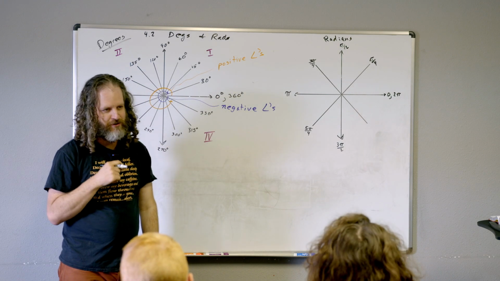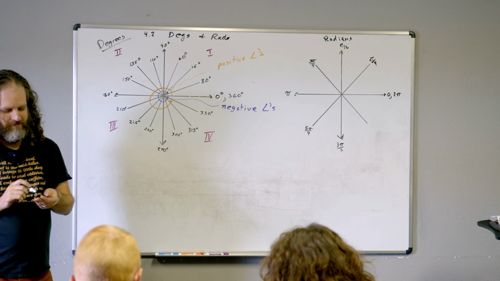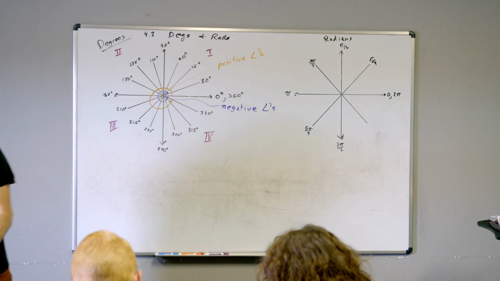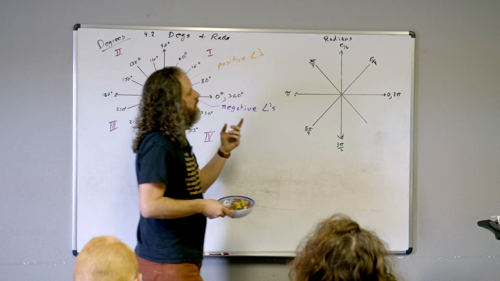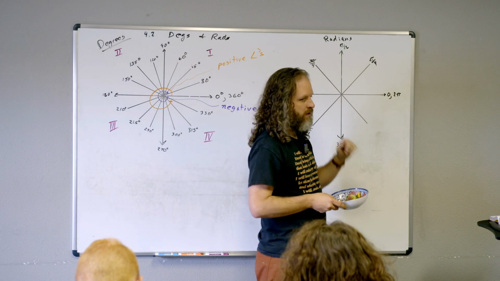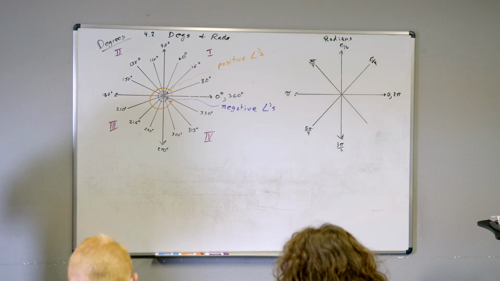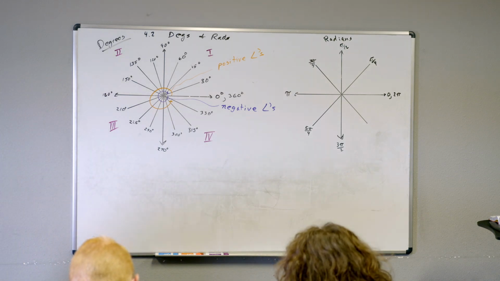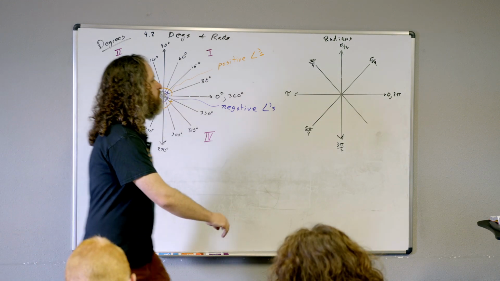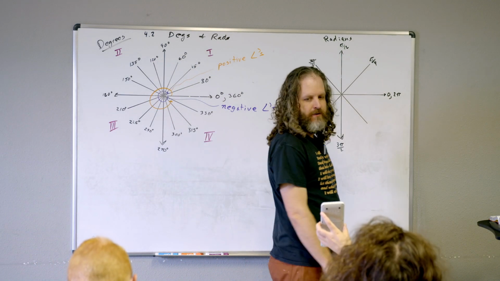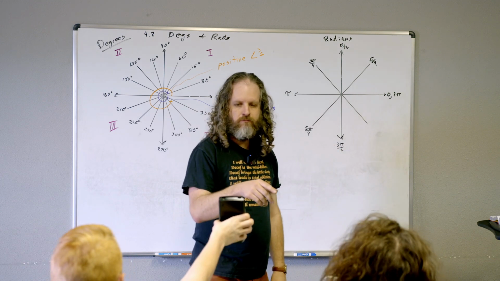In your calculator, switch it to radians mode. Quickly. I want you to punch in radians mode the sine of pi over 4. Square root of 2 over 2?